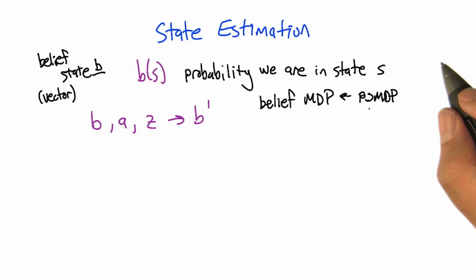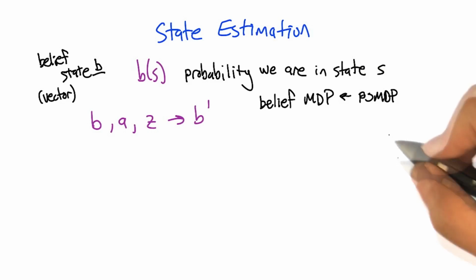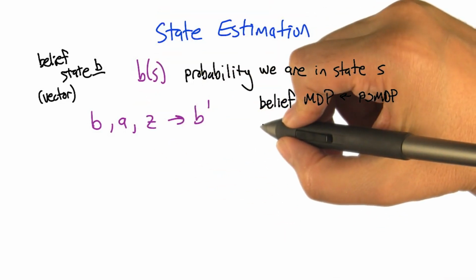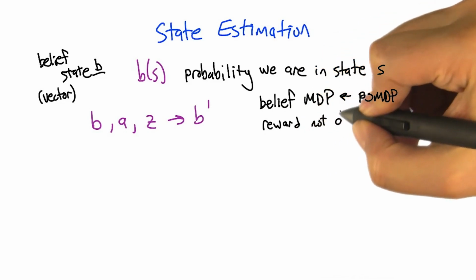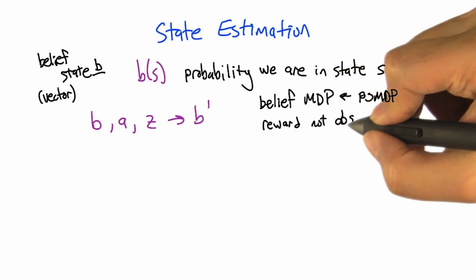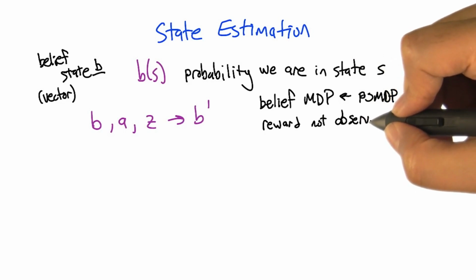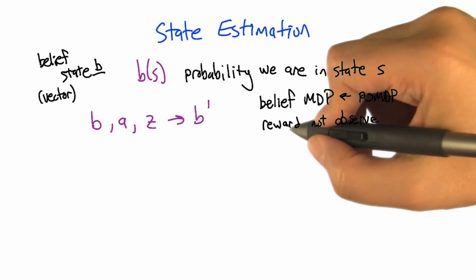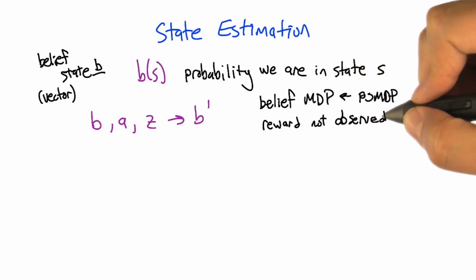Okay, sounds good. An aside, Michael: if reward is a function of state, which it sometimes is, you should be able to use that to update your belief state. Right. In what we're going to be talking about, the reward is essentially not observed. But of course, in reality, if you have a learner in some environment that's making observations and getting some reward back, and it knows something about how that reward is being generated, it can use that as a kind of observation.